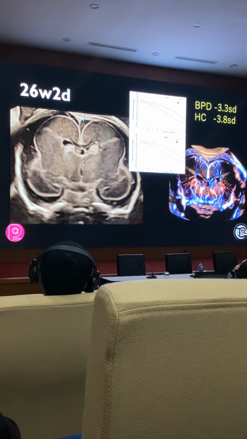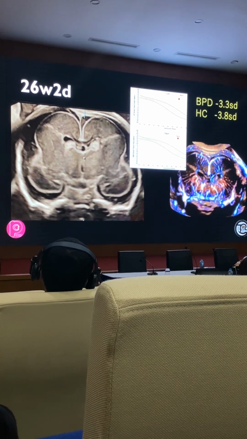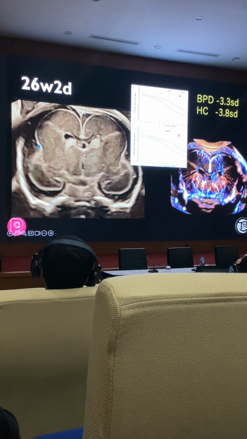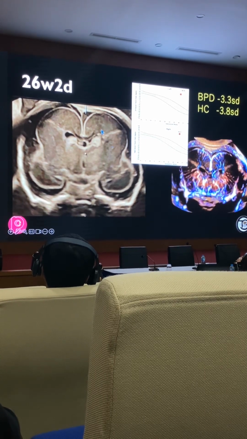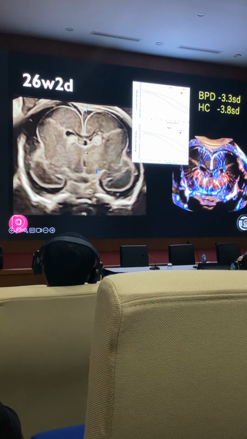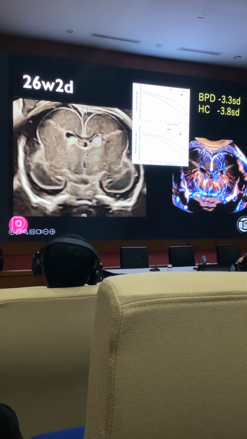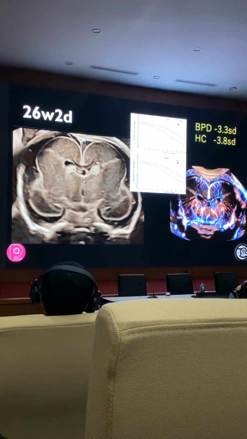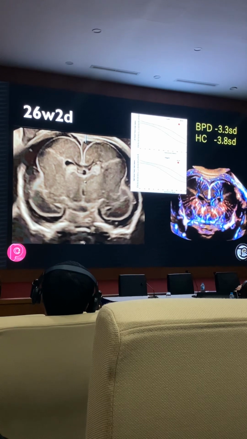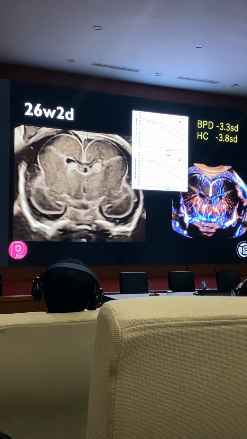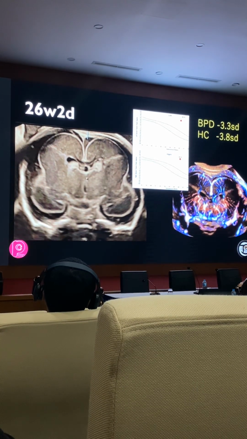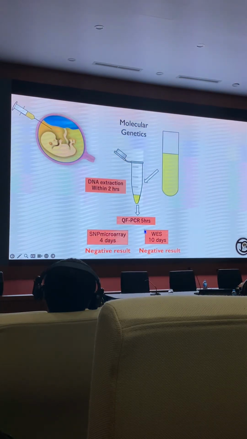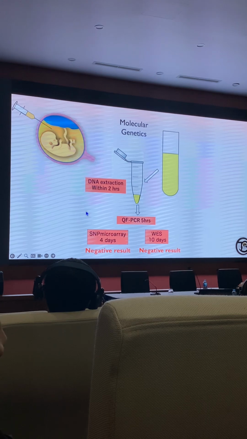This is a very small brain, a small head, with a very premature lissencephaly-like structure, so we can call it microlissencephaly. We had a strong suspicion of TUBA1A, and I asked for very rapid WES within several days.